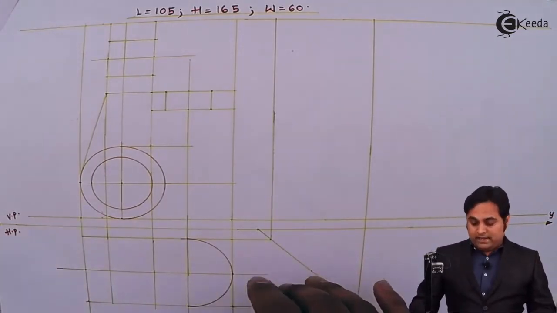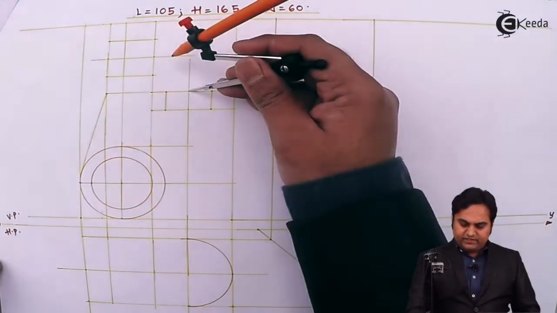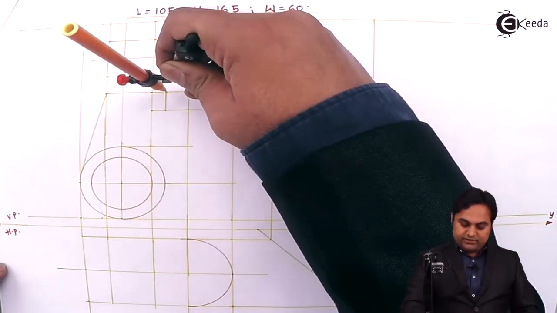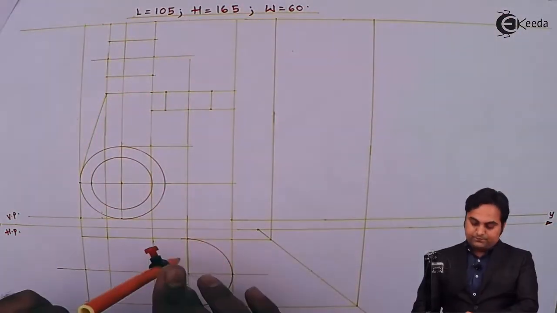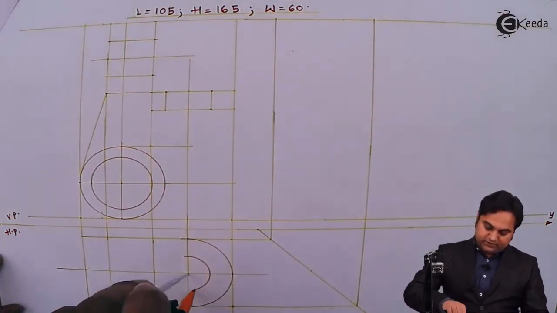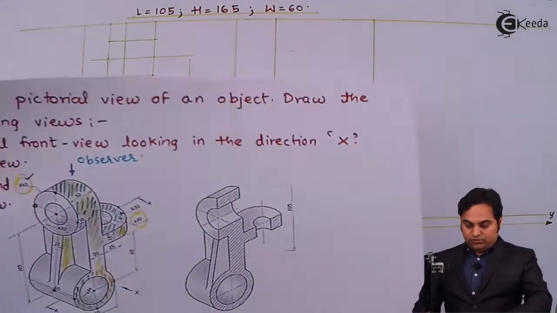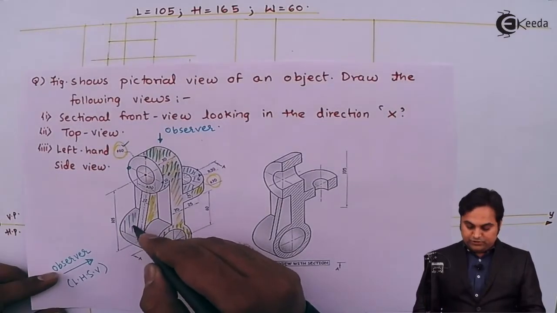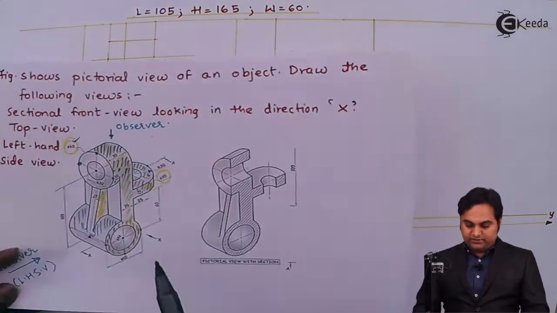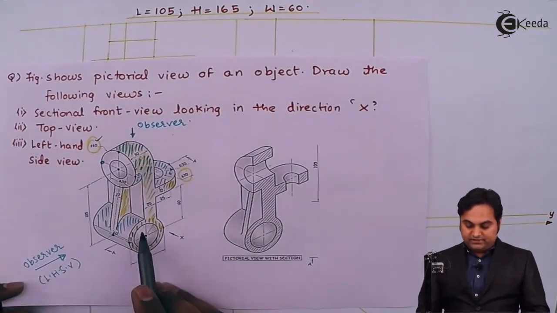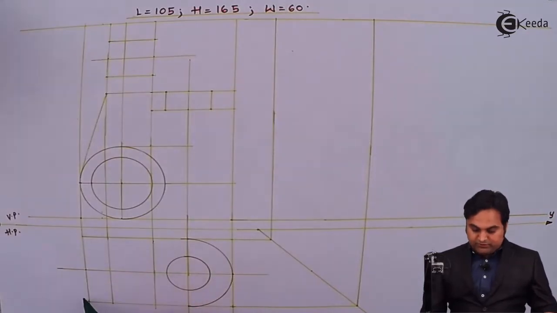Then as there is another circle inside this semicircle which I have taken in the front view, I am taking the same radius, which is 15 mm, for the inner circle and drawing it like this. Then looking from top, this cylindrical portion is also visible. So whatever remains outside this block is the cylindrical portion, because it is also having a width of 60 mm, which is the total width.